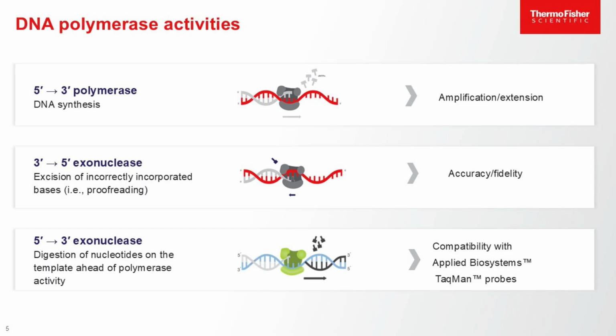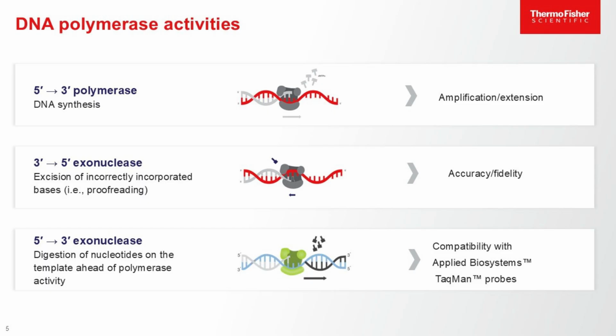The second one is 3' to 5' exonuclease activity, or proofreading activity, that allows the DNA polymerase to remove incorrectly incorporated nucleotides by excising them in the 3' to 5' direction.